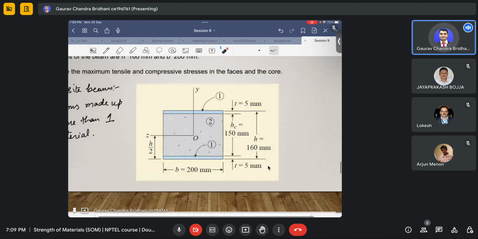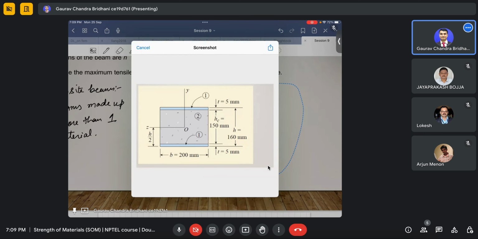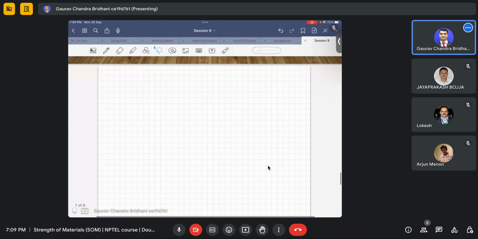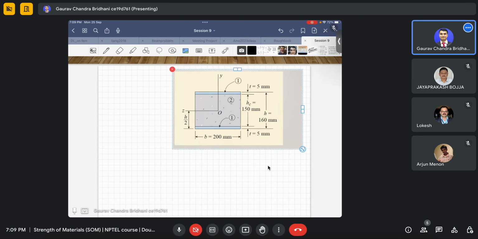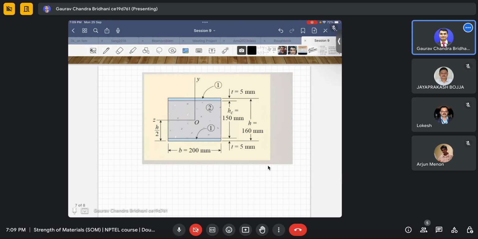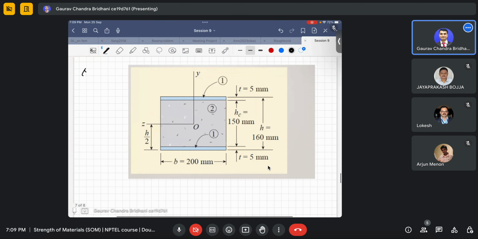So what I'll do, I'll copy the figure. Okay, so let's look at the solution.